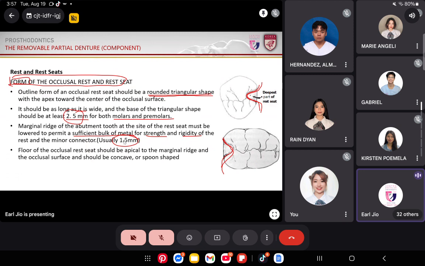Ang usual depth niya to have sufficient bulk of metal for strength and rigidity should be 1.5 millimeters. Yung lalim niya, 1.5 millimeters. Yung laki niya, 2.5 millimeters.